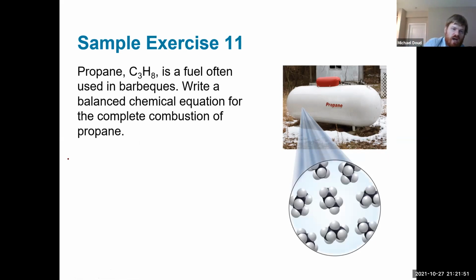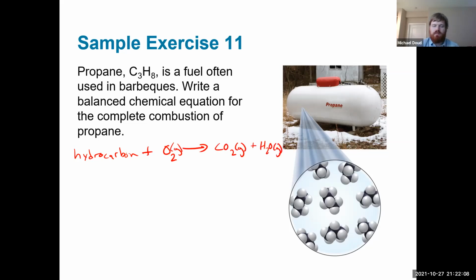It's always going to be whatever your hydrocarbon is, plus oxygen as a gas, and burns, and it produces CO2 as a gas and water as a gas. And then all you have to do is balance the equation. So go ahead, give it a shot, pause the video here, and come up with your answer, and then we'll check our answers together when you come back. So go ahead, pause.